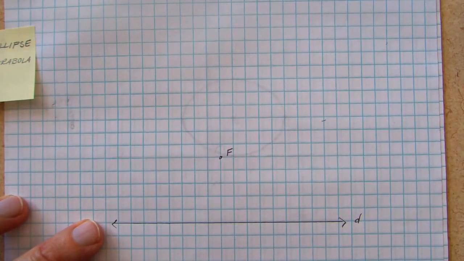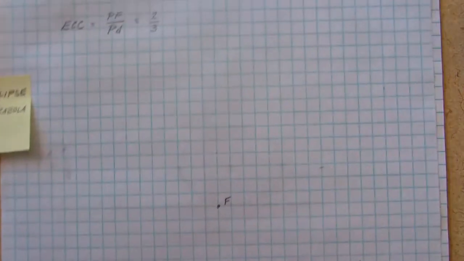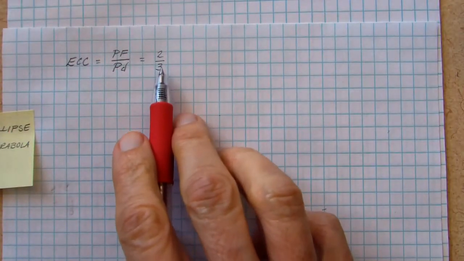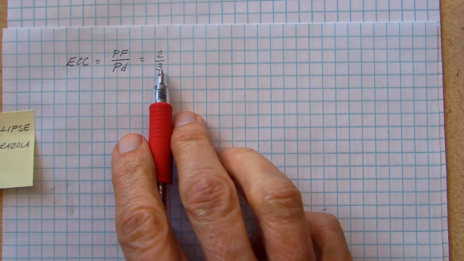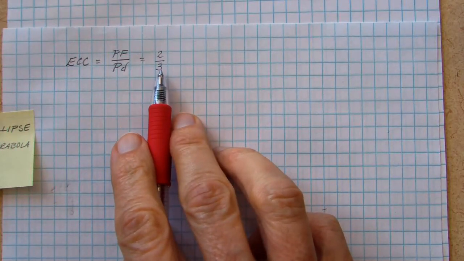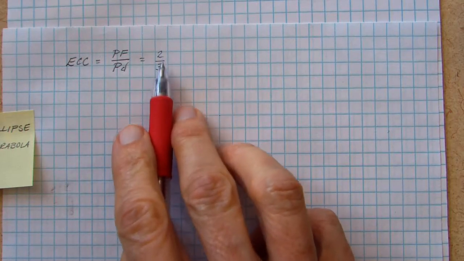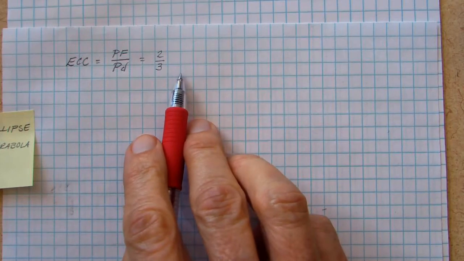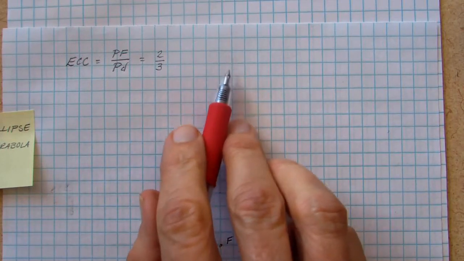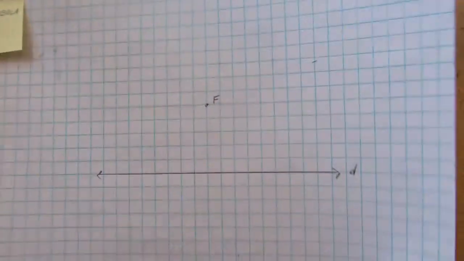And I'm going to try and find points that satisfy a 2 to 3 eccentricity ratio. In other words, for every 2 points I'm away from the focus, I'm 3 points away from the directrix. So really anything that comes in a 2 to 3, 4 to 6, 6 to 9, and so on. That's what I'm looking for.